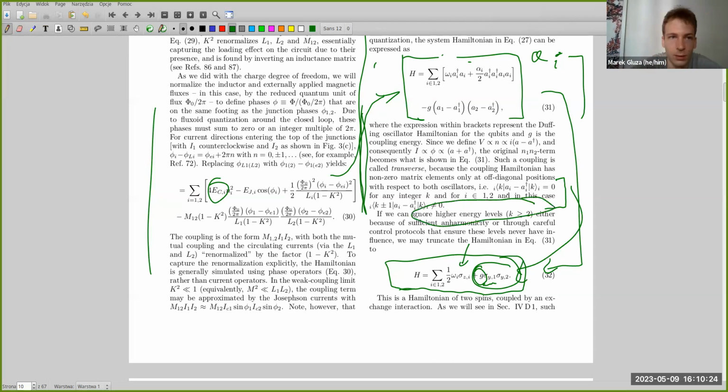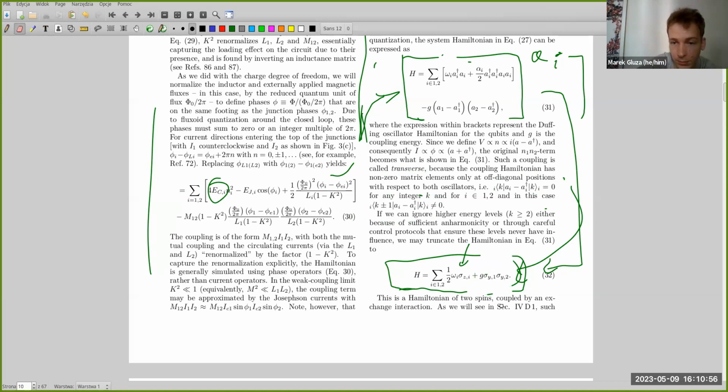So if you ignore all higher level operations, one thing that is important is that there's a transverse coupling, and the coupling is transverse because it doesn't have diagonal matrix elements, but it's switching the excitation levels of each qubit. So that's called transverse. We need to remember that transverse means flipping qubit occupation numbers. This you find in this paragraph here.